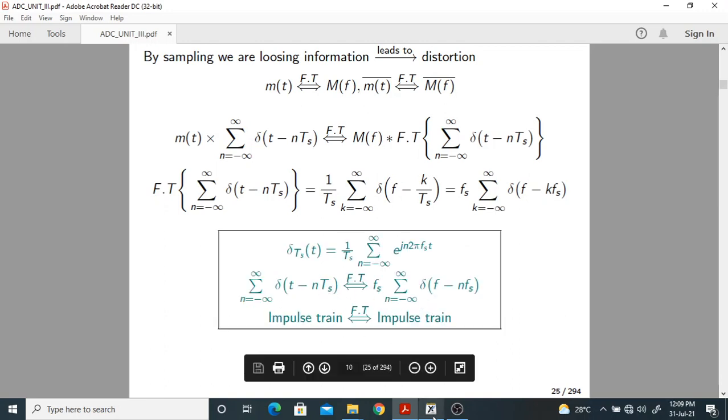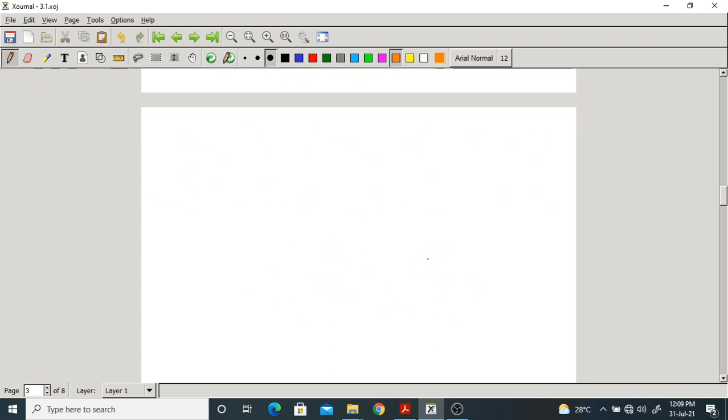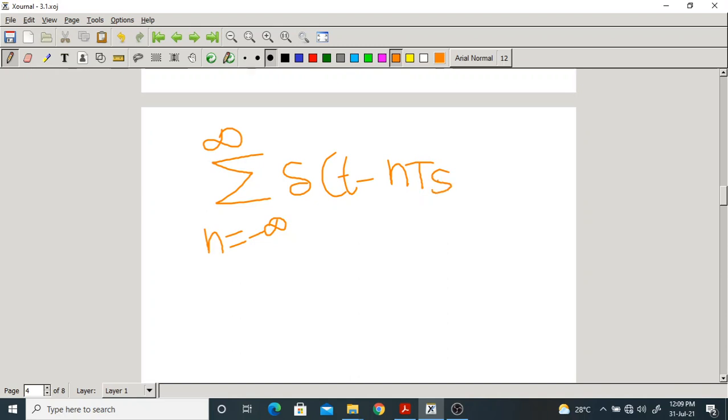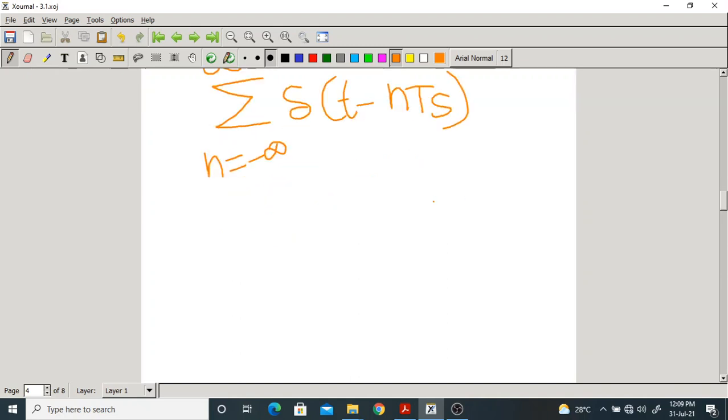Here, one thing you must know is the Fourier transform of a train of impulses. I have taken a train of impulses, summation n equal to minus to plus infinity of delta of t minus nTs. This is the train of impulses in time domain. If you take the Fourier transform of this, again you get a train of impulses.